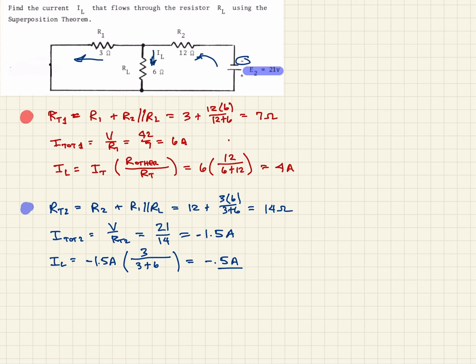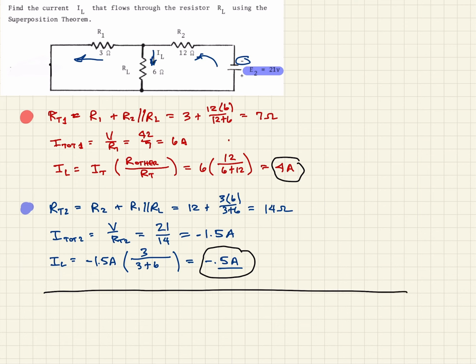So now we see that we have our contribution of IL from the left-hand source, our E1, and then we have our current contribution from the right-hand source, or E2.